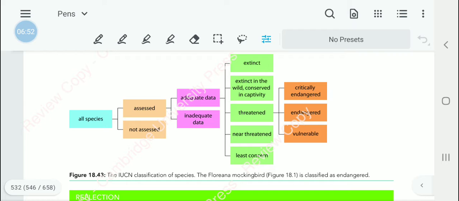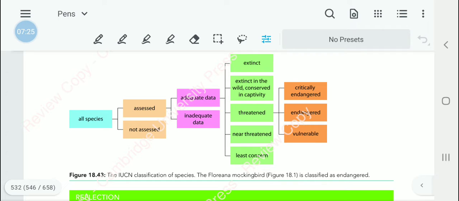If you have adequate data about a certain species, they are categorized into one of 5 groups. Extinct, they are all gone. Then extinct in the wild, but conserved in captivity. Then threatened, near threatened, or least concern. Then the threatened species are divided into 3 subcategories: critically endangered, endangered and vulnerable.